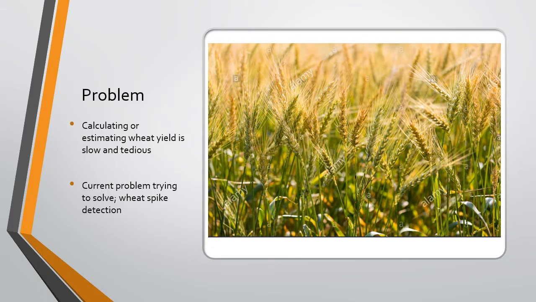The problem that we're trying to help the real world solve is calculating or estimating accurately what the wheat yield is, and it's important because if we know how much a wheat plant yields, then it helps our farmers or any person in the agricultural side know when they're planting too much.